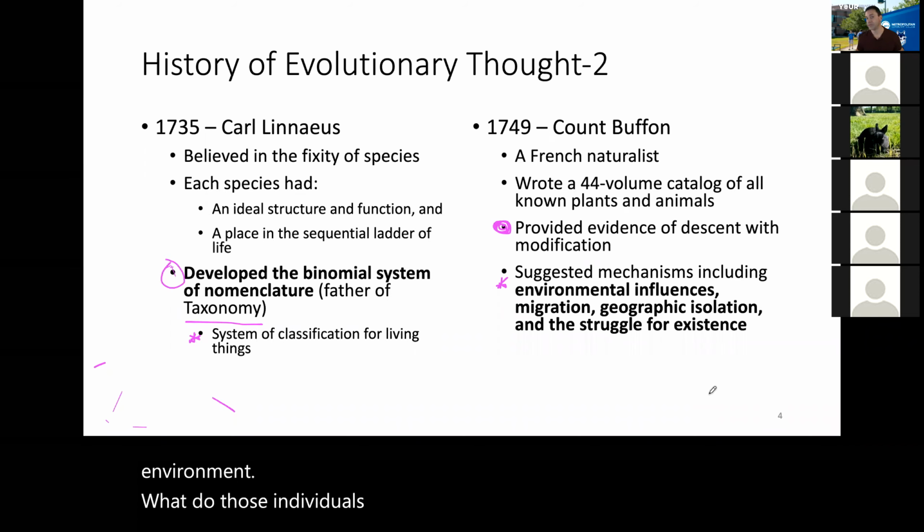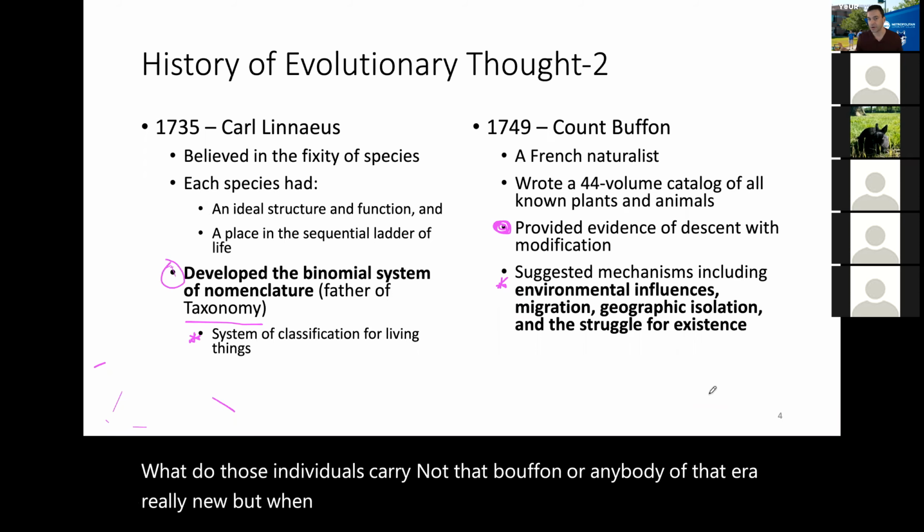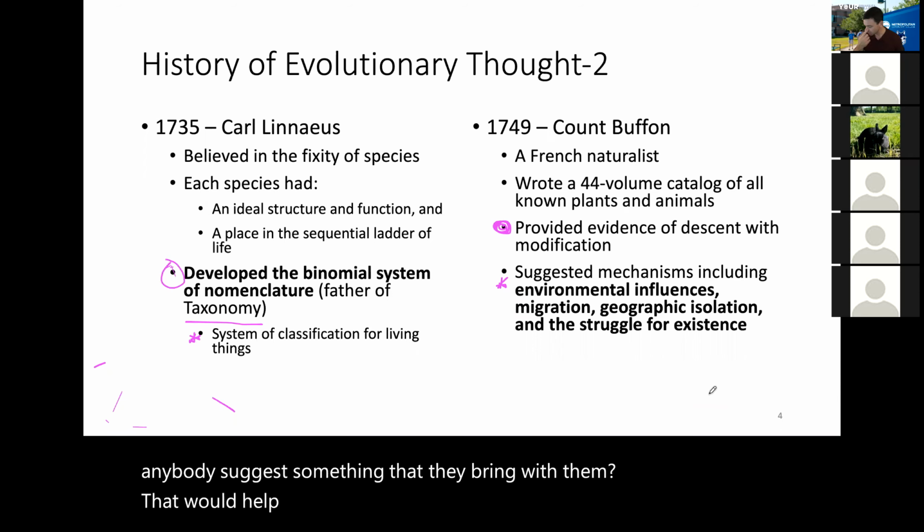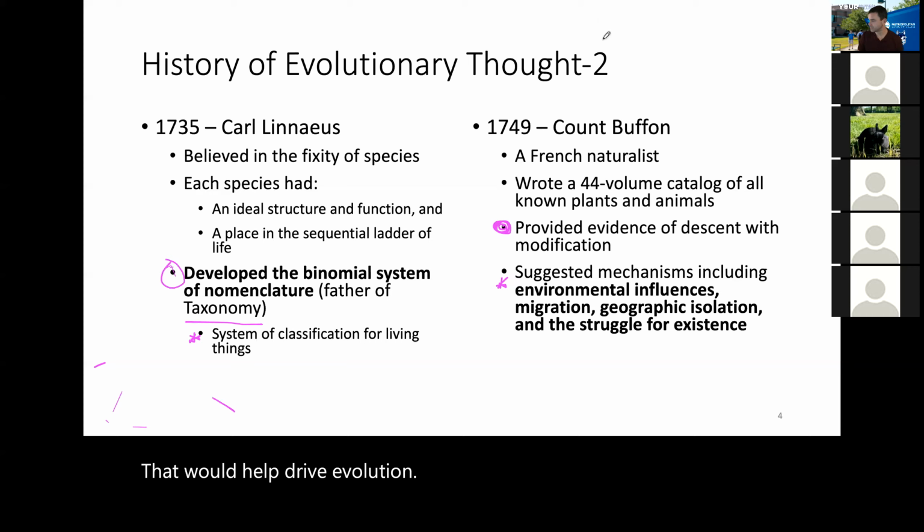Not that Buffon or anybody of that era really knew, but when those people come in, what do they bring? Can anybody suggest something that they bring with them that would help drive evolution? Correct. New genes, diseases, yes. Diversity, all of those things.